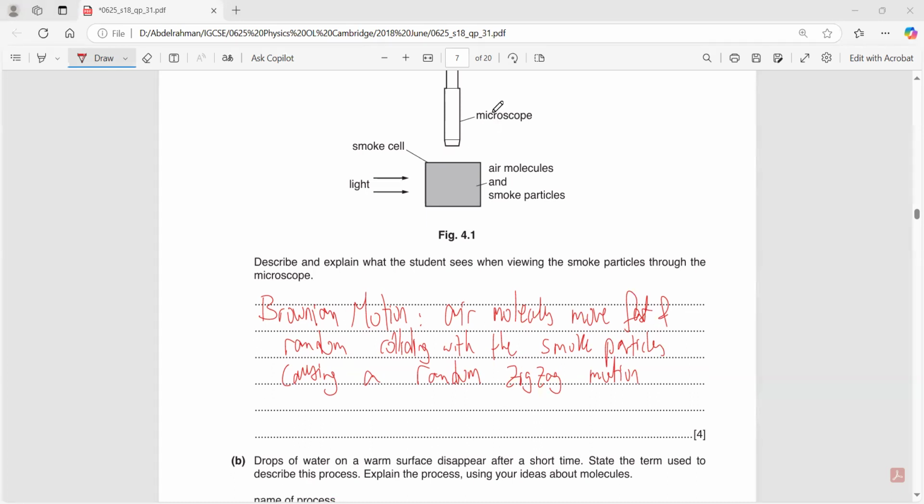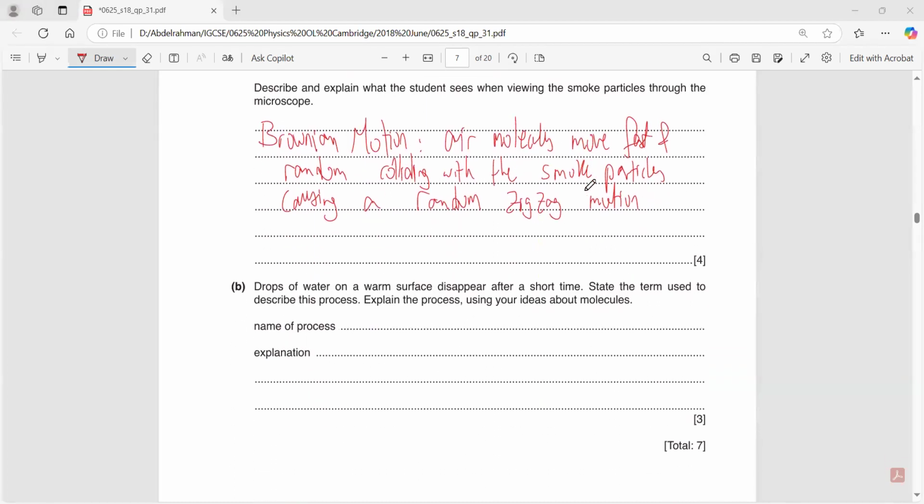Brownian motion: air molecules move fast and random, colliding with the smoke particles, causing a random zigzag motion.